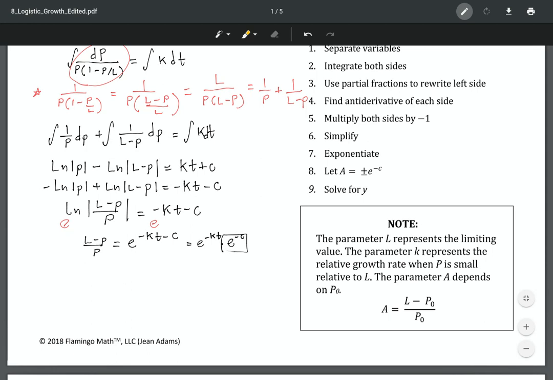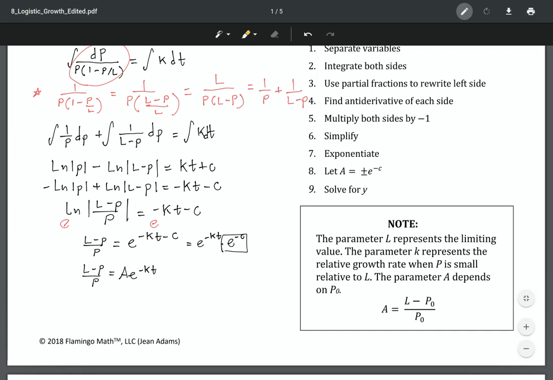And this right here is just another constant. So we're going to rewrite this as (L minus P) over P equals, and now they chose to express that constant as the letter capital A, which is fine.